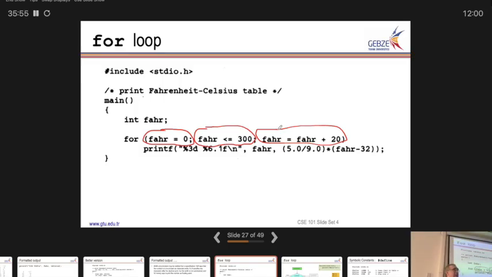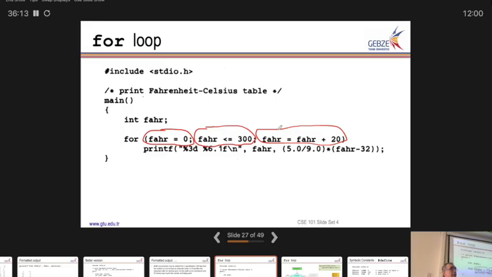Go ahead. Should we declare that Fahrenheit is an integer within the for loop, where Fahrenheit equals 0, and what type of difference would that have, if any, between this and the previous?